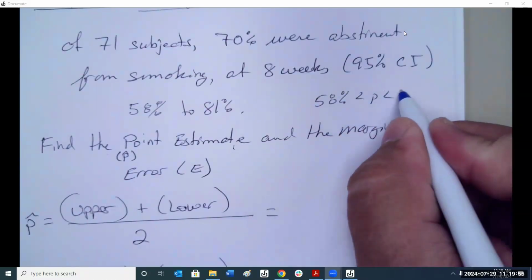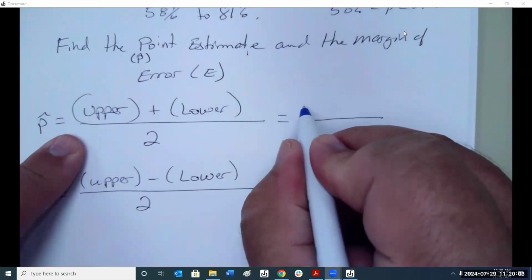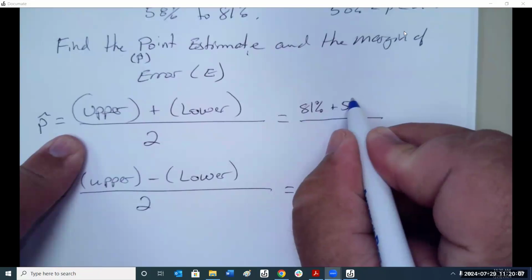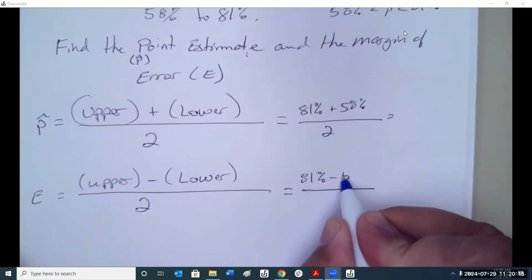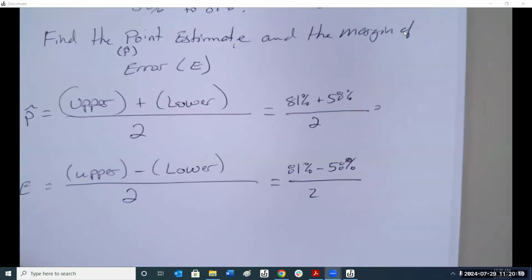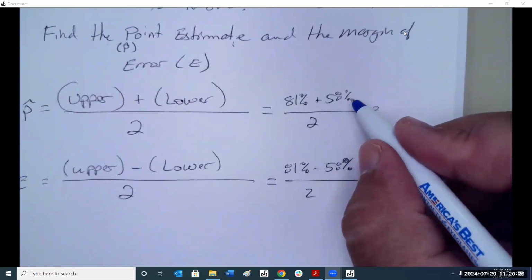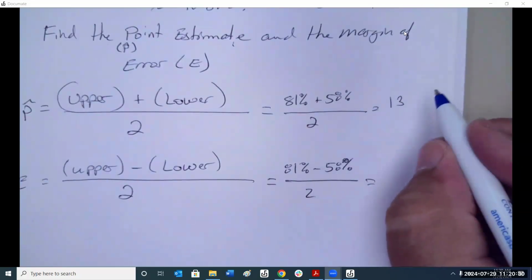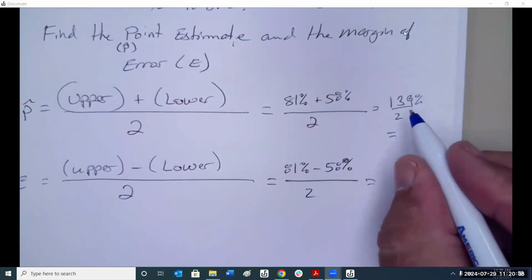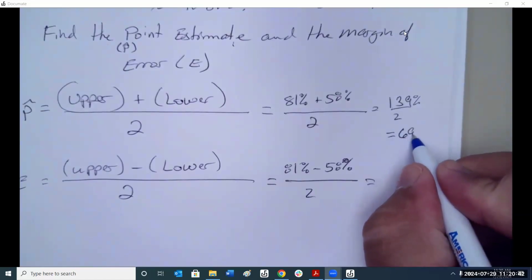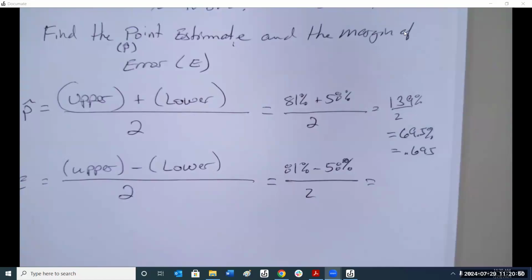So that's my lower to upper bounds. Upper is 81%, lower is 58%, over 2. 81% plus 58% is 139 over 2, which gives us 69.5%, which is 0.695.